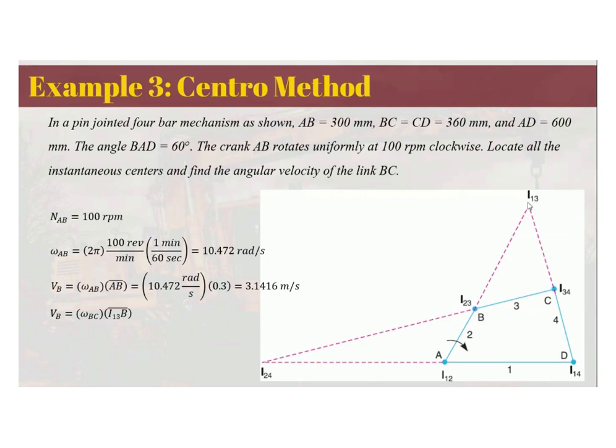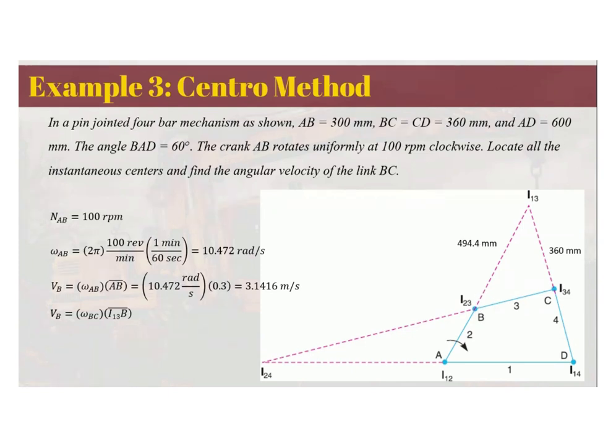Using the analytical approach, trigonometry, cosine law, and sine law, I will not deal with that because I believe you are already good at it at this year. The distance can be computed using trigonometry as 494.4 mm. The distance from the instantaneous center I13 to B is 494.4 mm.